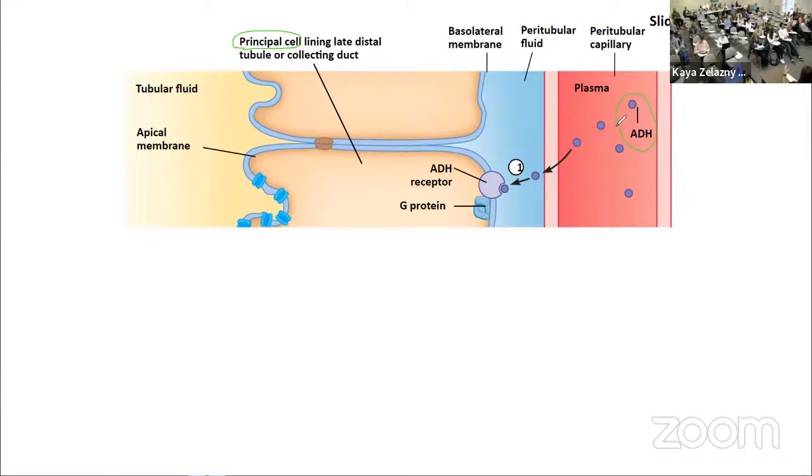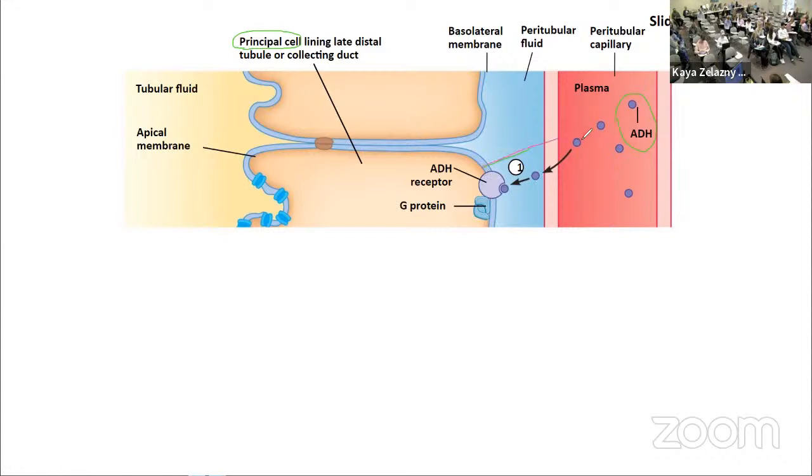So the ADH is going to be coming from somewhere else. Right, this is a hormone. Specifically, it's going to be coming from your posterior pituitary. So we'll get there in a bit. Okay, it's going into your bloodstream. So think back to our endocrine system, and it's going to seep out of our bloodstream and find itself some receptors on our principal cells. Okay.